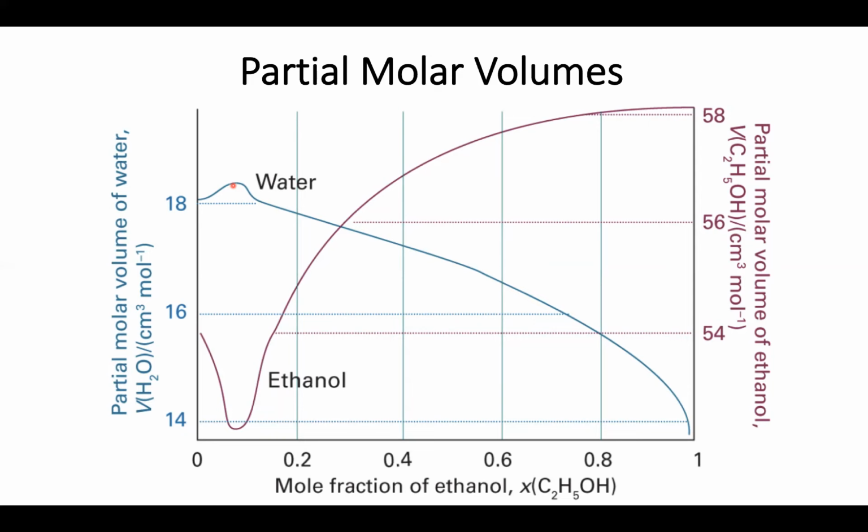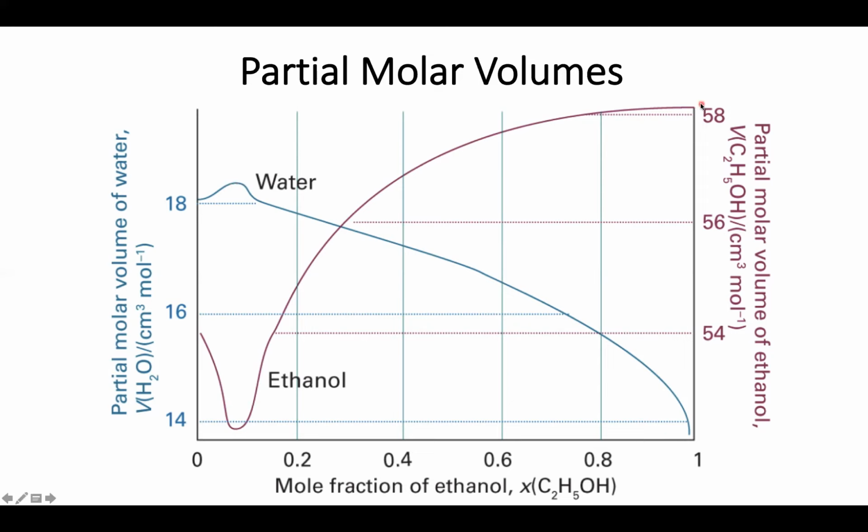And the reason why stems largely from the fact that there's now a whole bunch of nonpolar regions present in the water that are essentially pushing the water out. However, as you start adding in more ethanol, it breaks up the lattice structure of the water, and you start seeing a decreasing partial molar volume, as it's occupying much less volume than you would naturally expect.